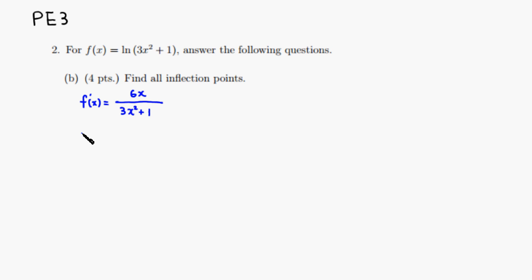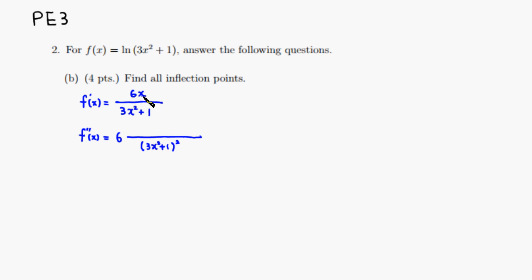Let's take another derivative, so f double prime of x is equal to, 6 is just a constant, so we'll put it in front. Then we're going to use the quotient rule and square the denominator, which is (3x squared plus 1) squared.